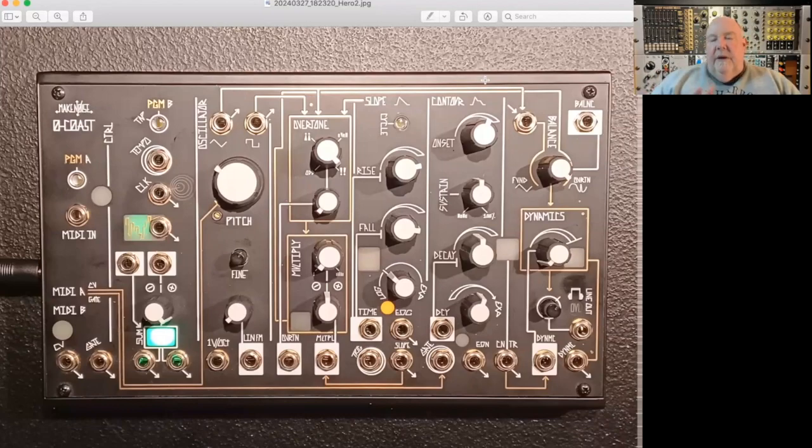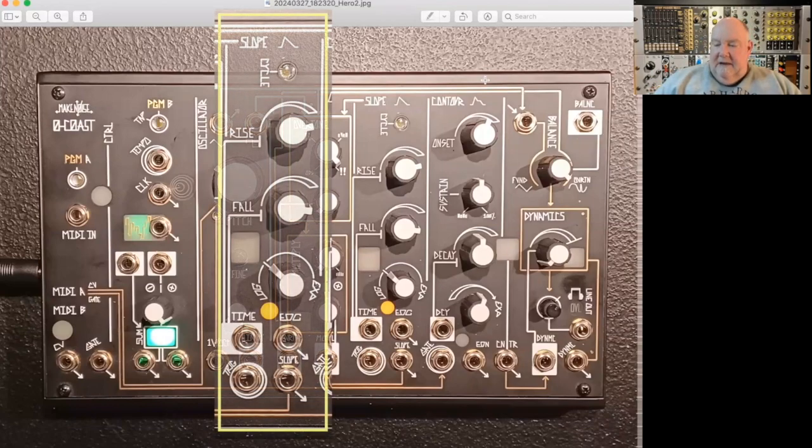Now, there are two envelope generators here. The one in the center is called slope. And slope has a rise or attack control and a fall or release control. The cycle button allows you to set slope into a repeating mode that will just keep looping the envelope.